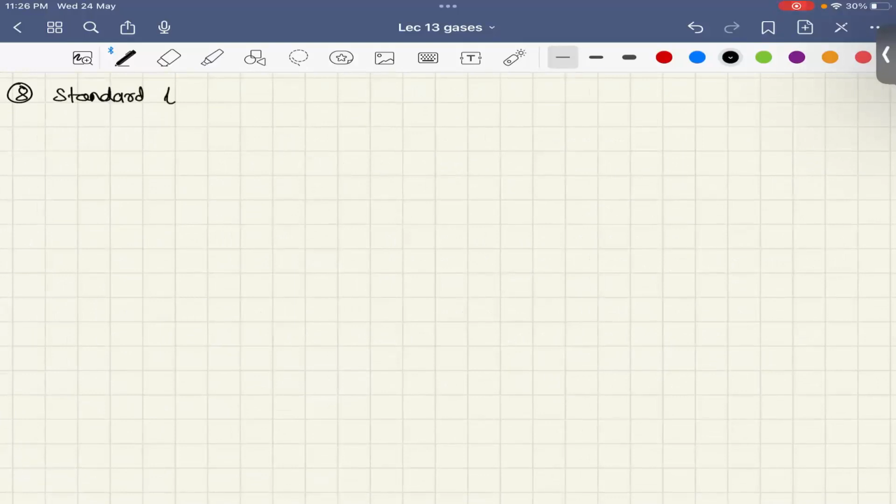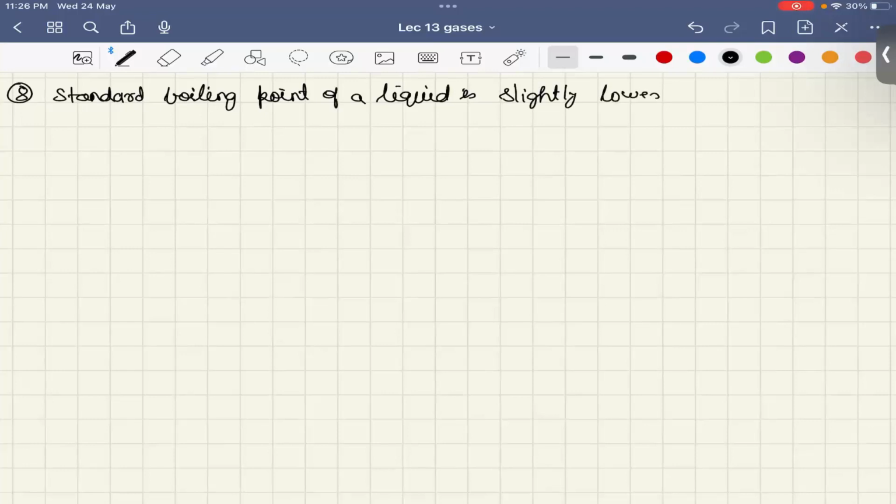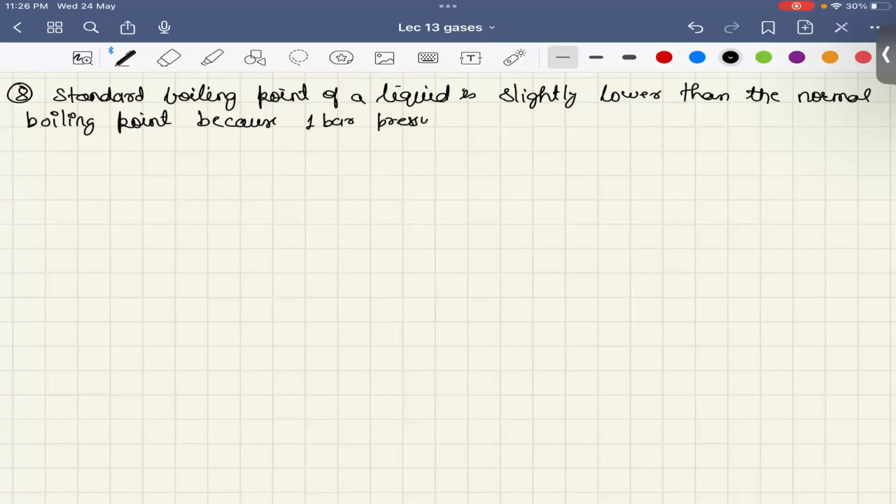Standard boiling point of a liquid is slightly lower than the normal boiling point, because 1 bar pressure is slightly lower than 1 atmosphere pressure. Right?